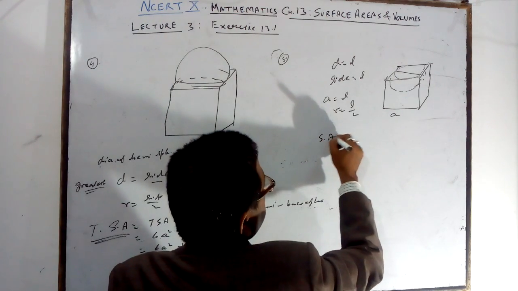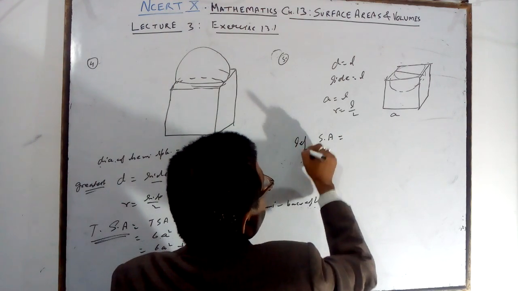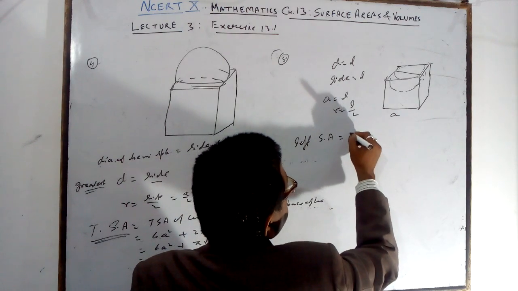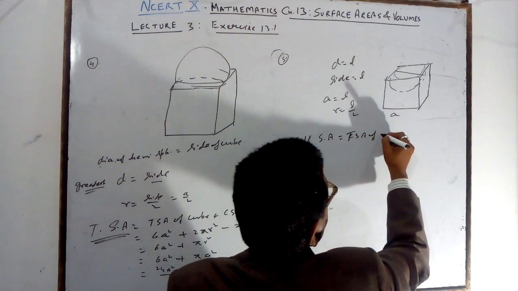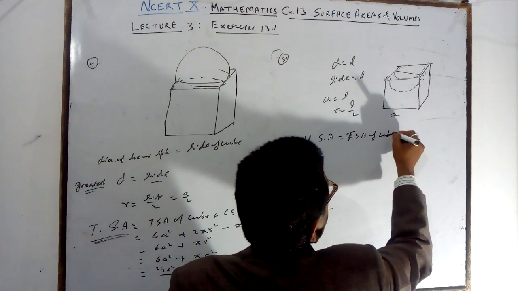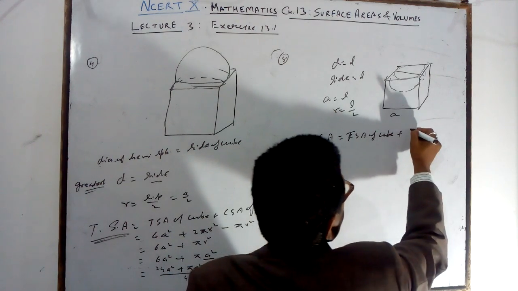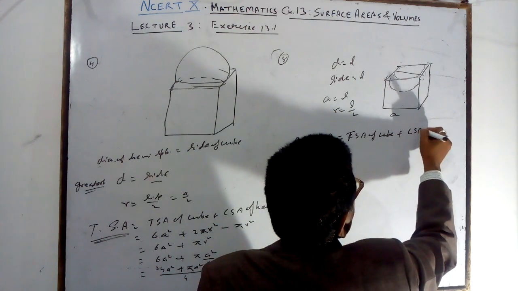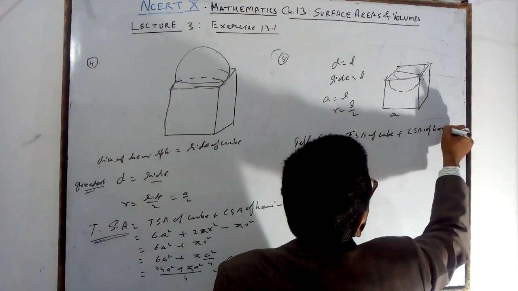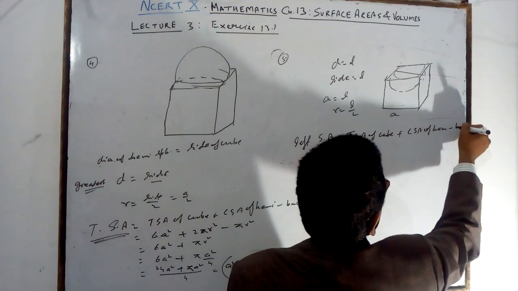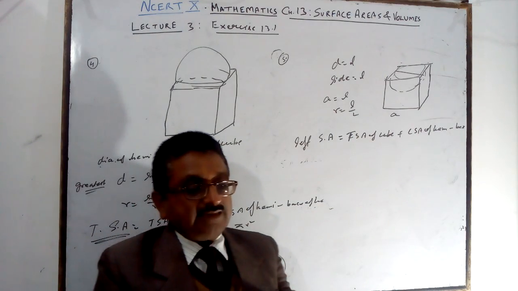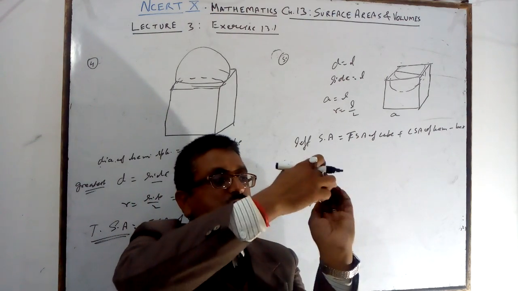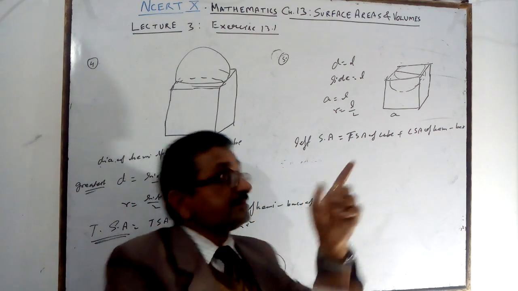So the left surface area is equal to TSA of cube plus CSA of hemisphere minus base. Why minus base? Because the base is open and the other part is like a bowl, so this portion is open but this portion is there inside.